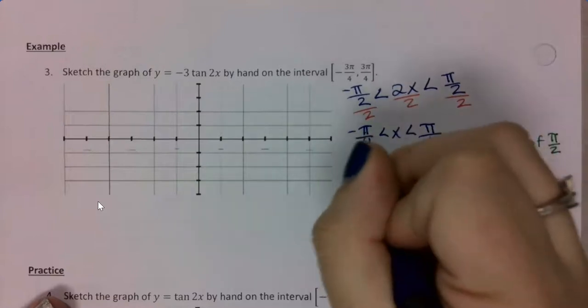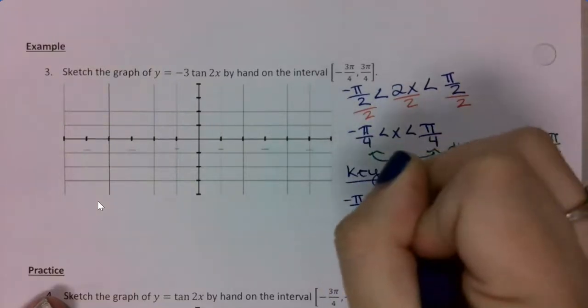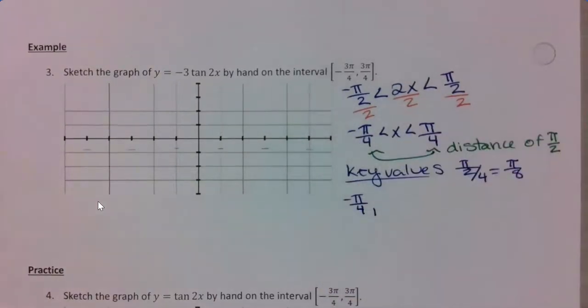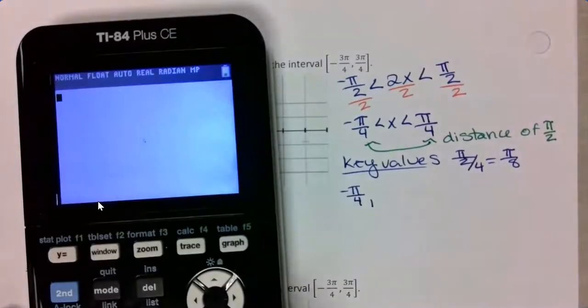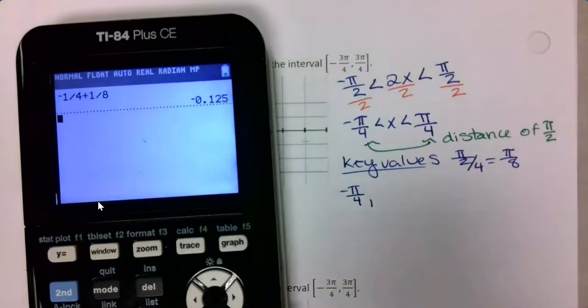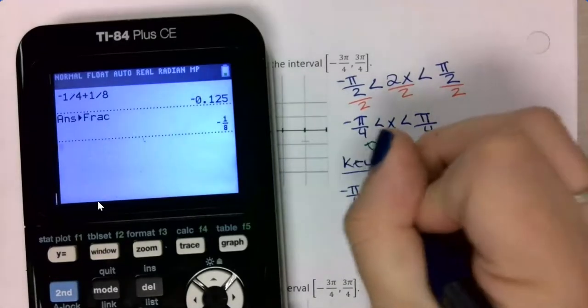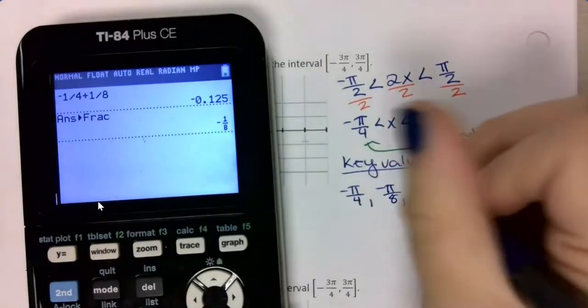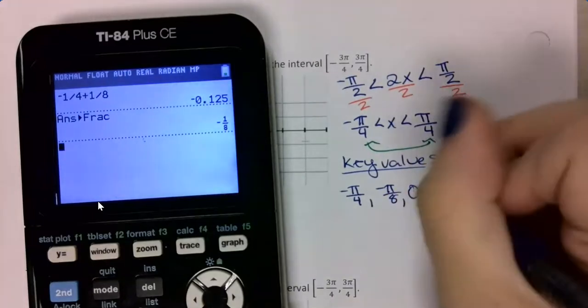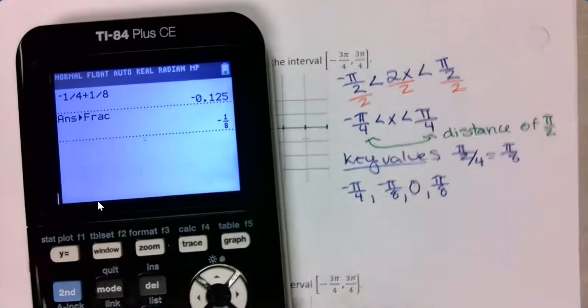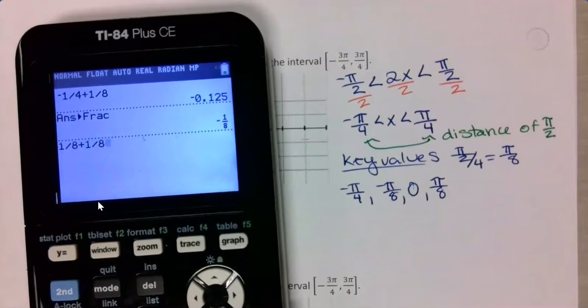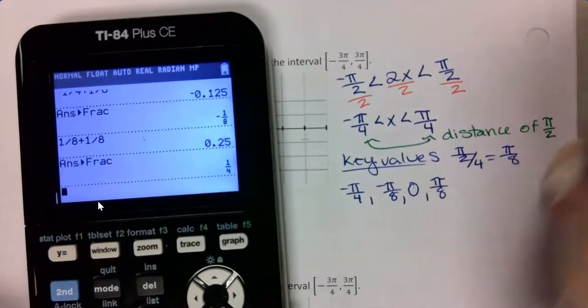So then I'm going to start at the negative pi fourths. Negative pi fourths plus pi eighths is negative pi eighths. If I add pi eighths again, that gives me 0. 0 plus pi eighths is pi eighths. 1/8 plus 1/8 gives me 1/4.